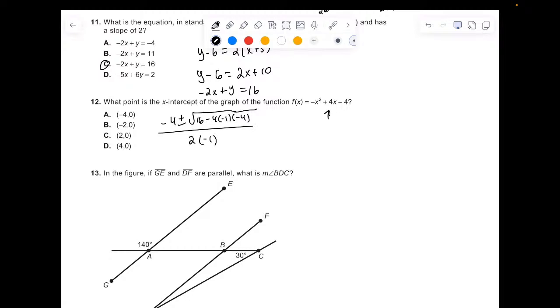And this is going to be equal to 2 plus or minus the square root of 16 minus, let's see, 4 times negative 4 is negative 16, times negative 1 is positive 16, so 16 minus 16, which this is equal to 0 over 2. So 2. Is that right? I think so.